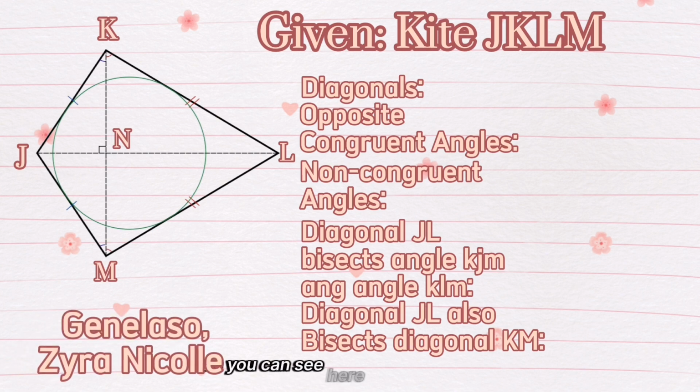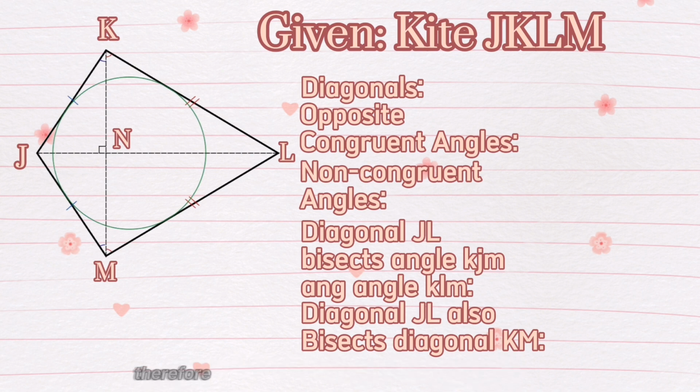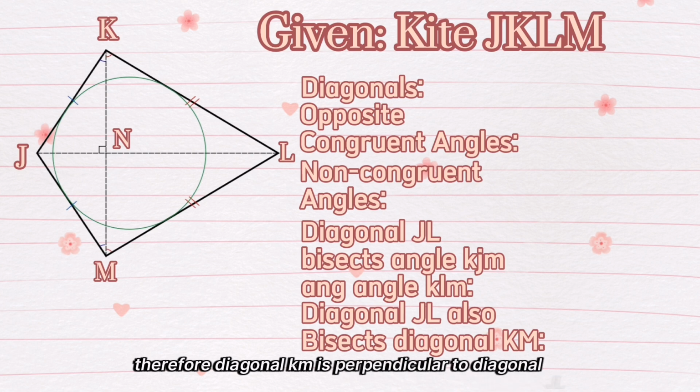As you can see here, our given is kite JKLM. Now we are going to find the following. You can see that our diagonals are diagonal KM and diagonal JL. If you can still remember, it was mentioned earlier in the properties of a kite, property number 1, that diagonals are perpendicular. Therefore, diagonal KM is perpendicular to diagonal JL.